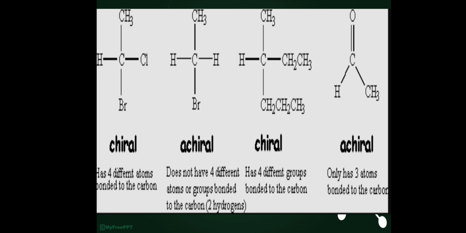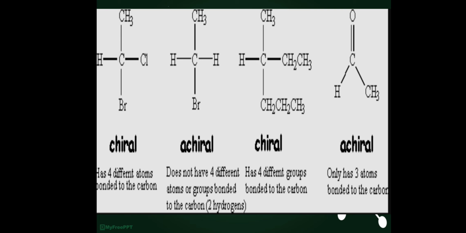So compare again to this another structure. As you can see, it produces 4 different groups: from CH3, hydrogen, to CH2CH3 and to CH2CH2CH3. So from that, it produces 4 different atom groups bonded to the carbon. It also explains another achiral in this structure. Why? Because you will not include the double bonded oxygen.